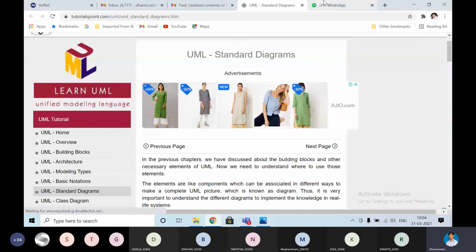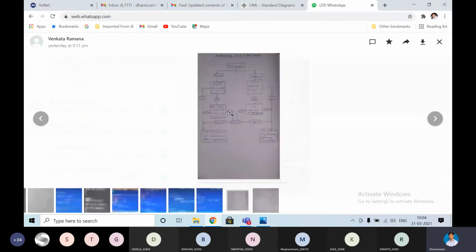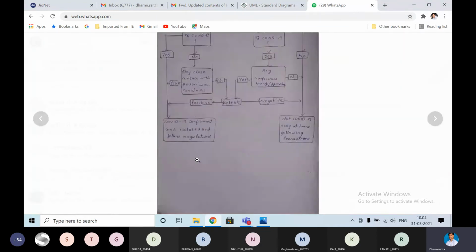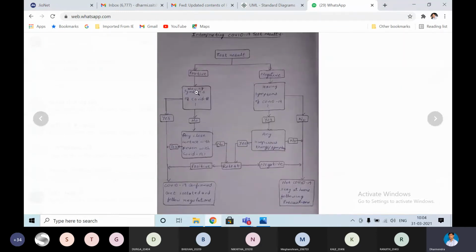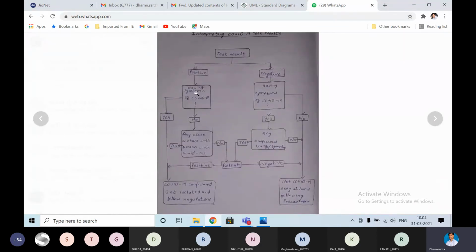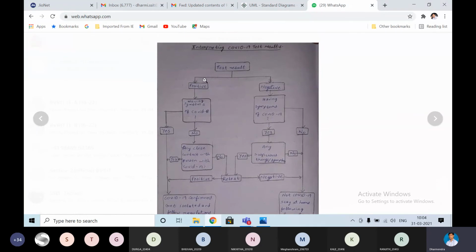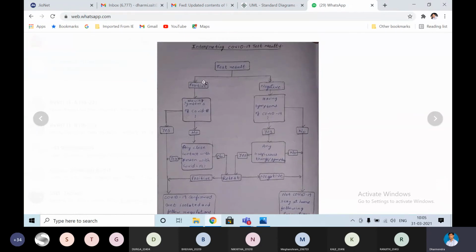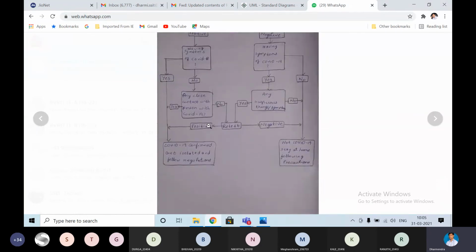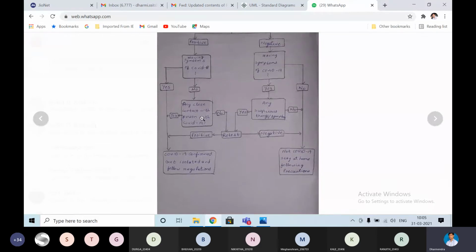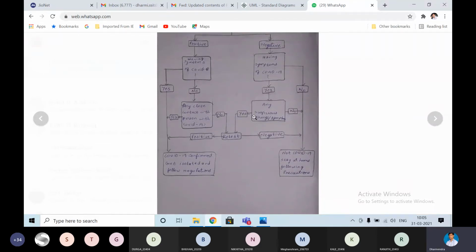For example, here we are taking equipment will be there. Equipment will be treated as objects. The person will be treated as an object. Then each and every module, the teams will be treated as an object. So how are the objects communicating?